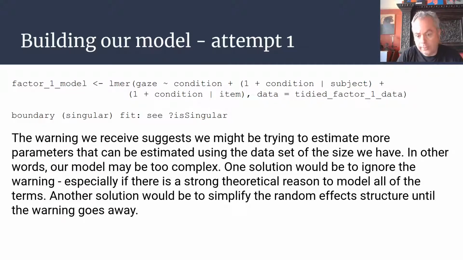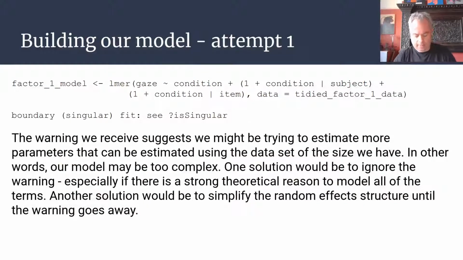So one thing you could do is ignore the warning. I mean, it's a warning. It's not a fatal error or anything like that. So you might decide to ignore the warning if there's a strong theoretical reason to model all of the terms in the random effects structure that you want to model. Another solution, though, would be to gradually simplify the random effects structure until the error goes away.